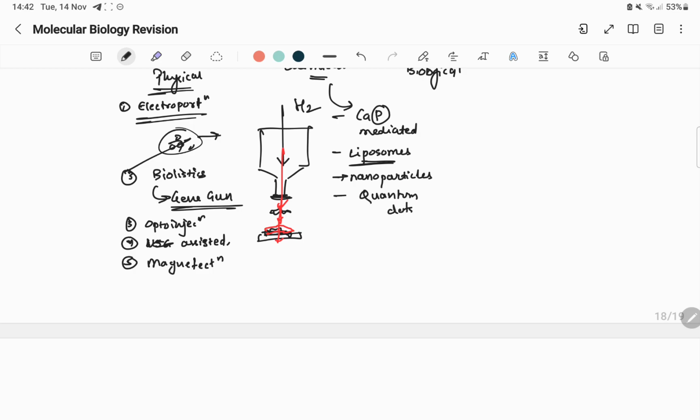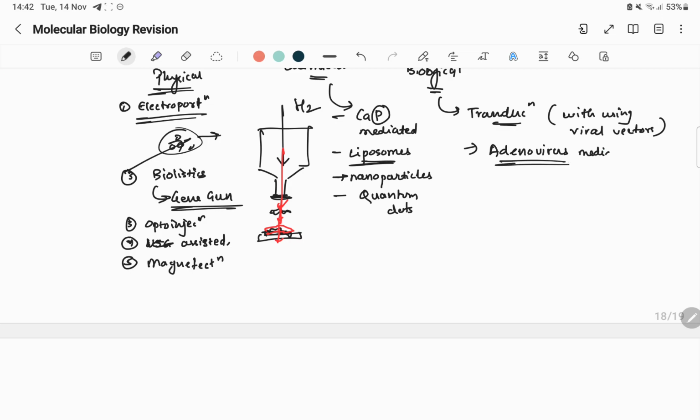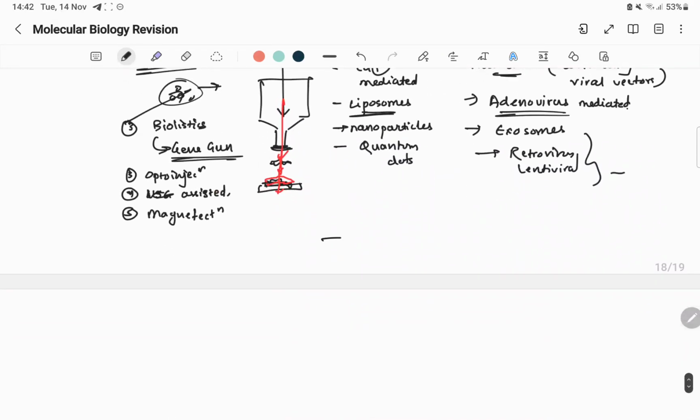Then in biological methods, we have the transduction method, which uses viral vectors, like adenovirus mediated, so you take the help of viruses. Then the exosome method, then retroviral and lentiviral. All these gene transfer methods are there.